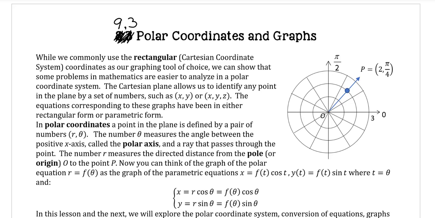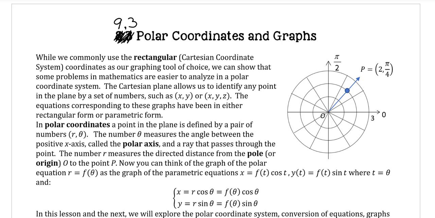So what we want to remember is when we use the term rectangular, we're talking about our normal Cartesian coordinates. We can also analyze things in a polar coordinate system where we have r and theta, where r is the distance from the pole, which is our origin in the Cartesian coordinates, and theta is the ray that you measure from 0.